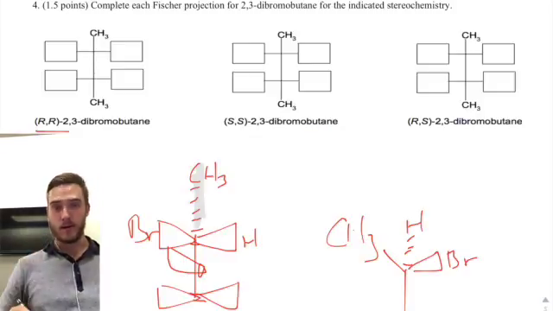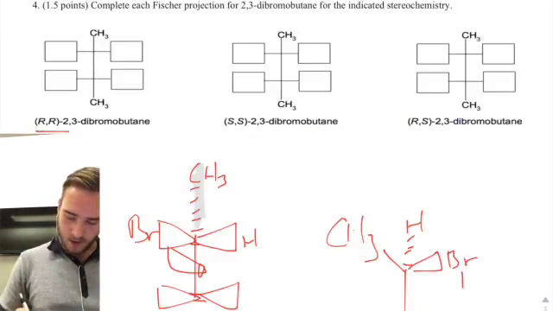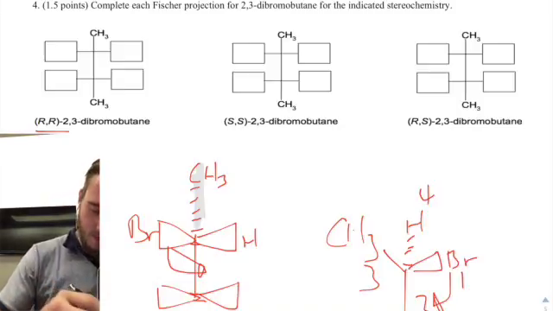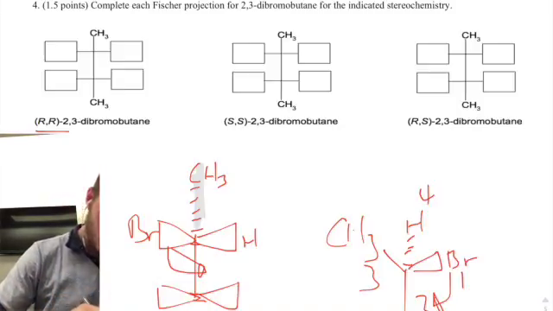And if we label the priorities, we would see that we have 1, 2, 3, with our fourth priority in the back. This is going clockwise, so it's an R. So we're going to put our bromine right here and our H right here.